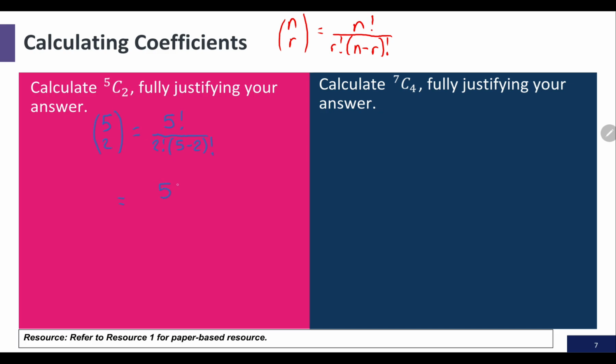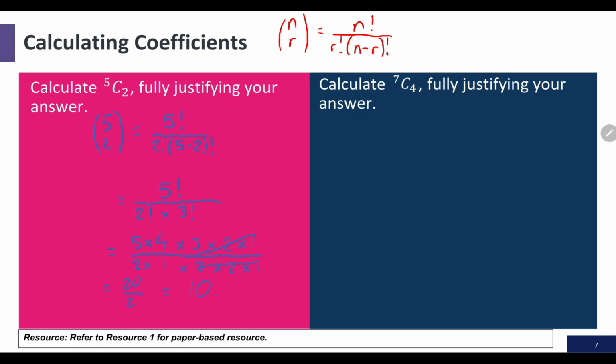So this becomes 5 factorial divided by 2 factorial multiplied by 3 factorial, because 5 minus 2 is 3. So this looks like the examples from the first video now. 5 times 4 times 3 times 2 times 1 over 2 times 1 multiplied by 3 times 2 times 1. So I'm just going to look for anything which lines up. That bit there, including that 3. And I end up with 20 over 2, which gives me 10. And that's fully proved from first principles.